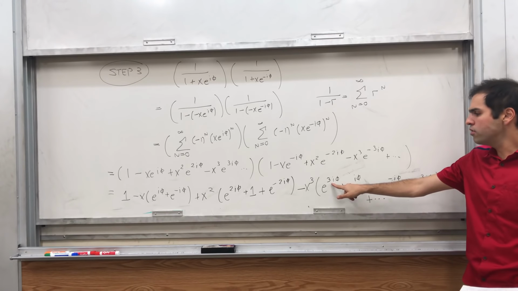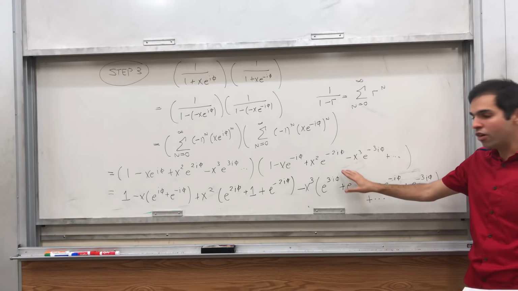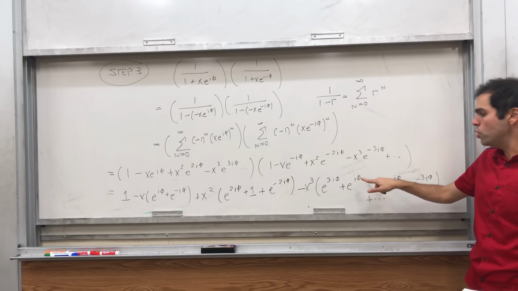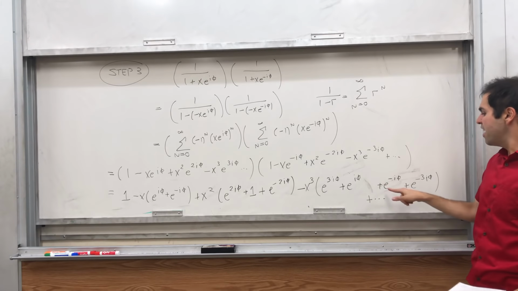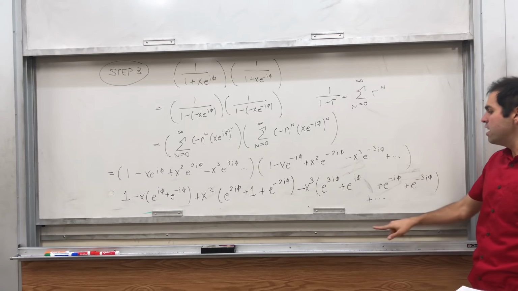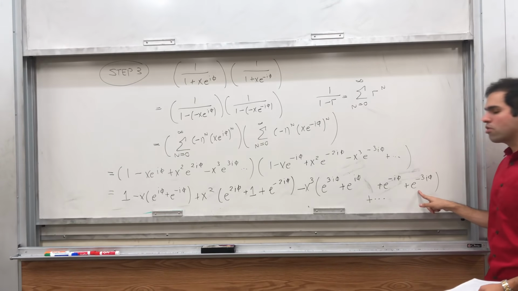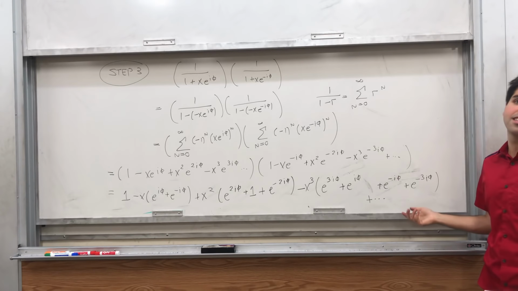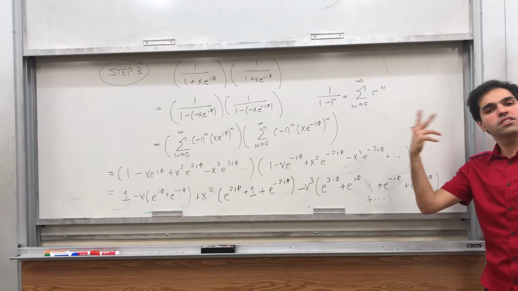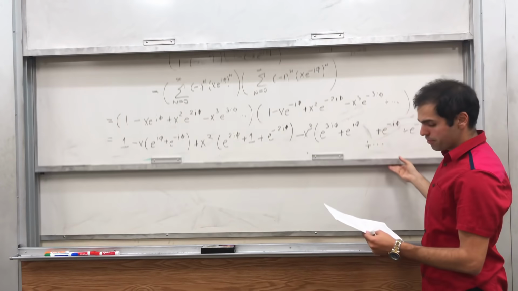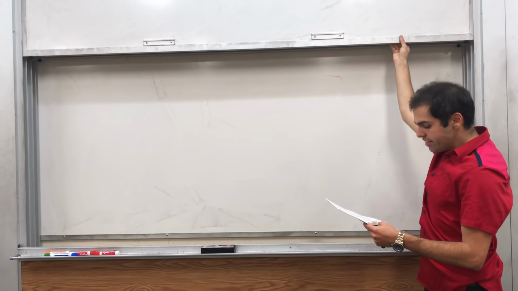So here e to the 3 I phi minus 0, then e to the 3 I phi minus 2 I phi, then e to the 3 I phi minus 4 I phi, and lastly e to the 3 I phi minus 6 I phi. So you're always subtracting 2 from e to the n I phi. So what is a n?